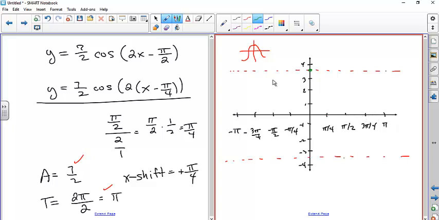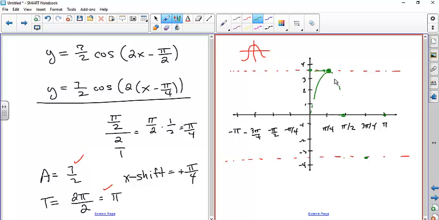But because I'm shifting this plus pi over 4, well, here's pi over 4, so this part's going to get shifted over to here. This point's going to get shifted over to there. This point will get shifted over to there. This point gets shifted to there. So this is what my curve is going to look like.